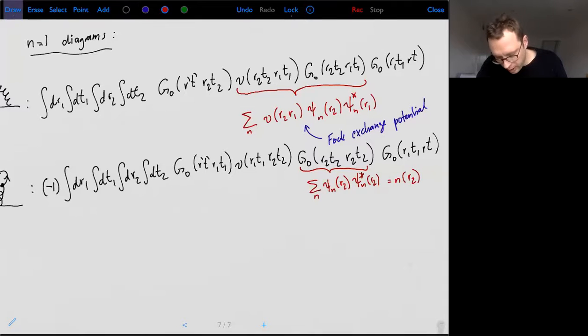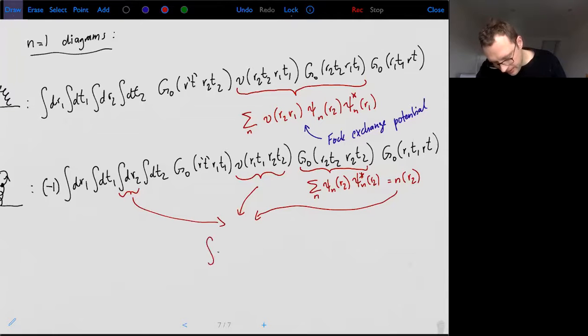And so if I combine this with this position integration, and if I combine these three things together, what I get is basically nothing but the Hartree potential.